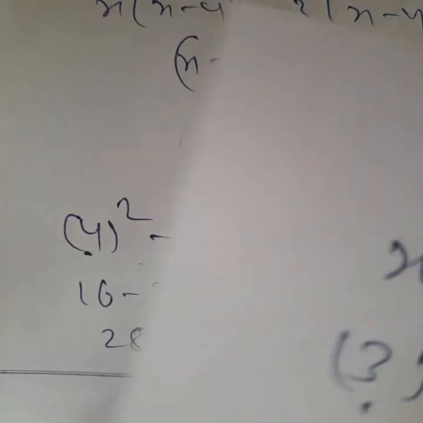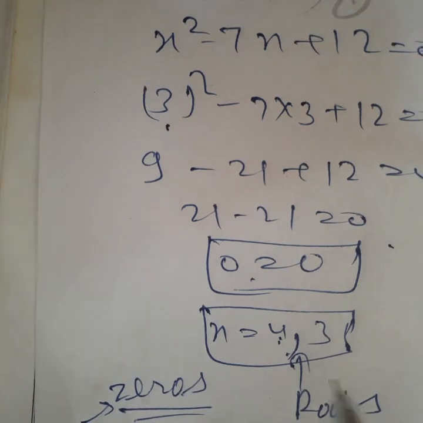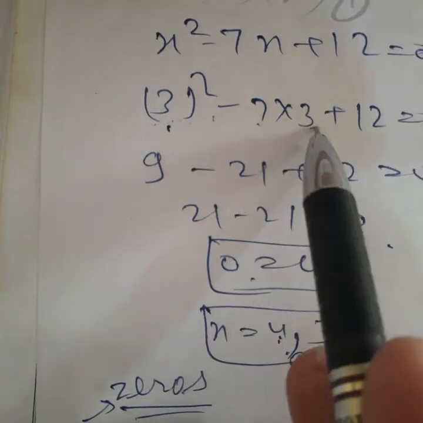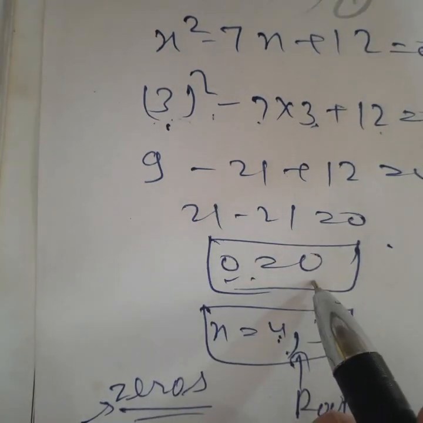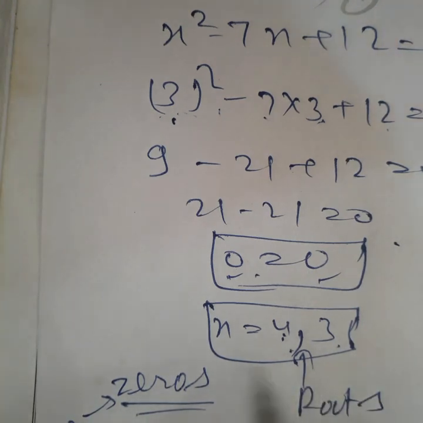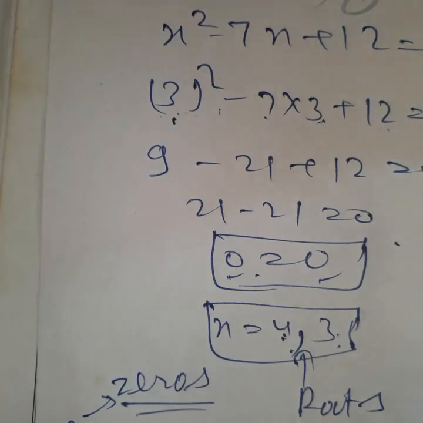Since the second solution is x is equal to 3, putting x is equal to 3 in the equation, 3 square minus 7 into 3 plus 12 is equal to 0. On solving, we again get 0 on both sides. And 4 and 3 are known as roots of the equation.